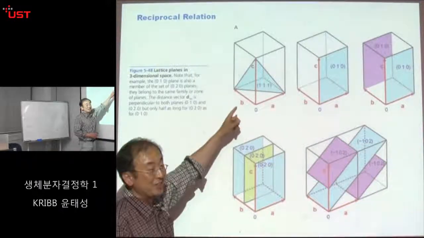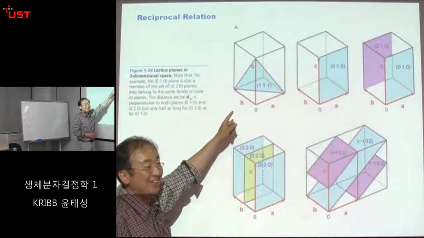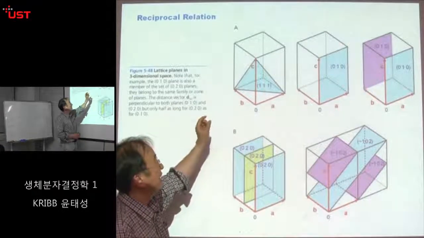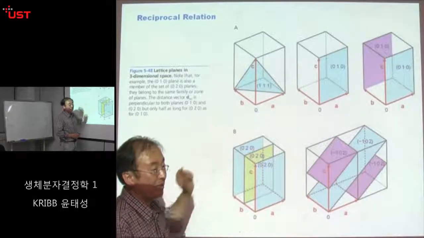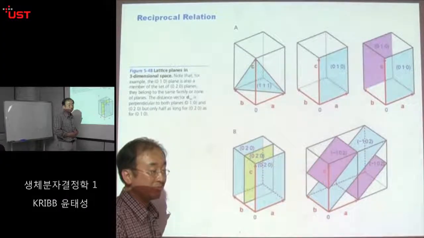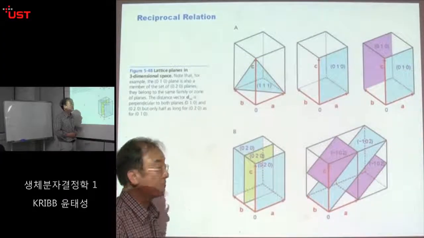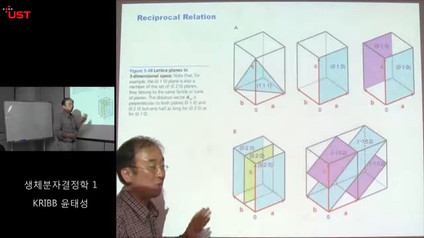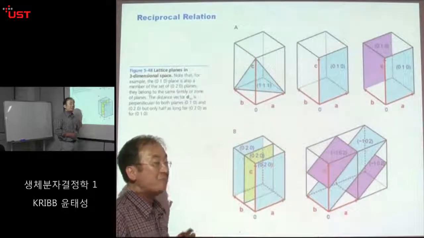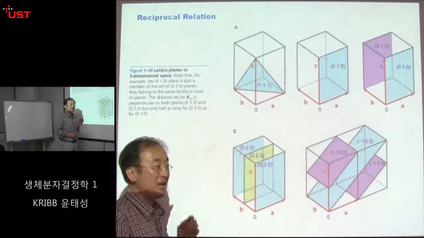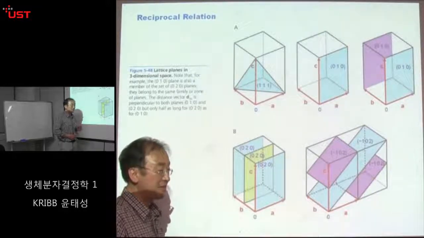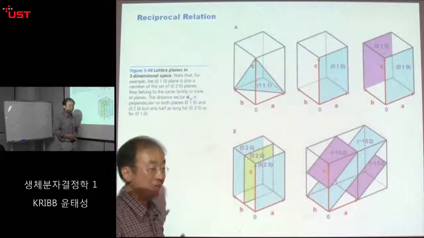Take the lesson from 101, along ABC, to construct plane HKL. Here, HKL, just HKL, 1, 1, 1. This is 101, but we are not talking about the 111 plane, but I'm talking about the HKL plane. But HKL are not fractional numbers, are not real numbers. HKL should be integral numbers.